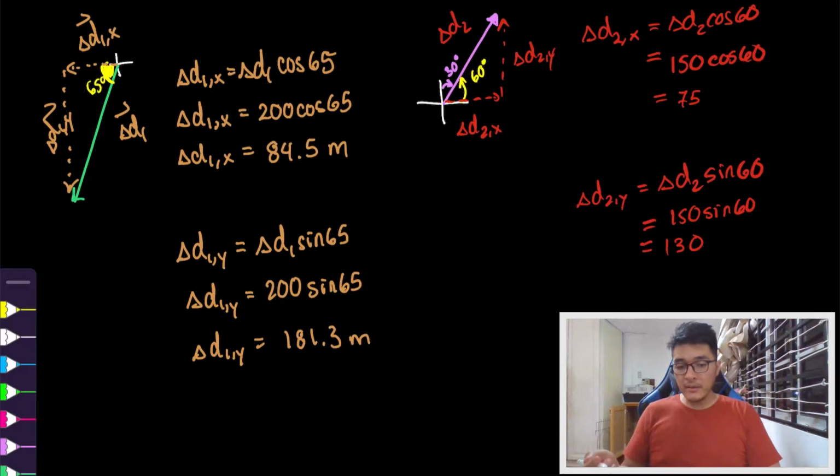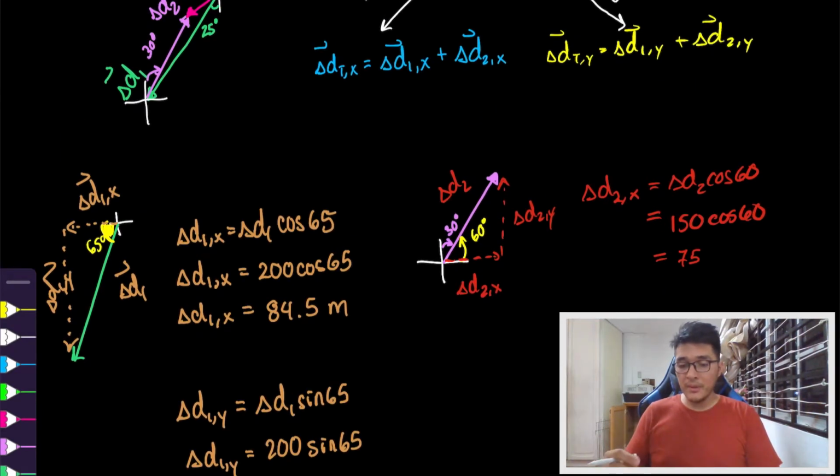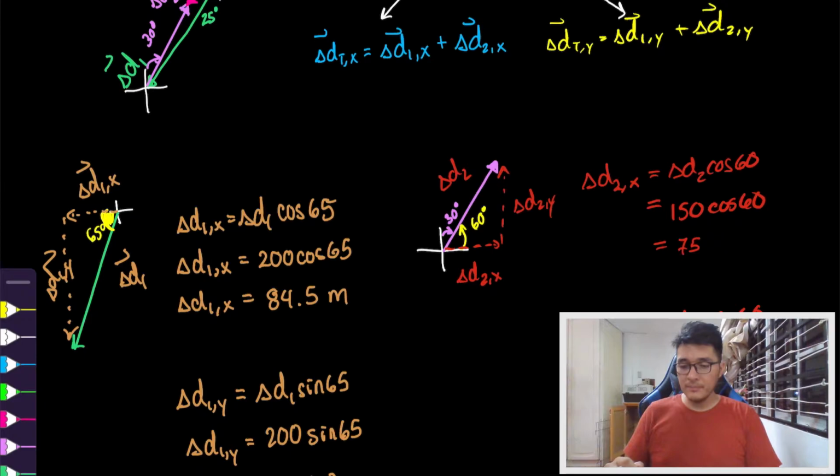But in order to make our life easier, we want to find the angles always closest to the x-axis. Because if we do that, the x component is always going to be cosine of the angle, and the y component will be sine of the angle. So once we have the components, we have to go back to our original equations and put in the values.